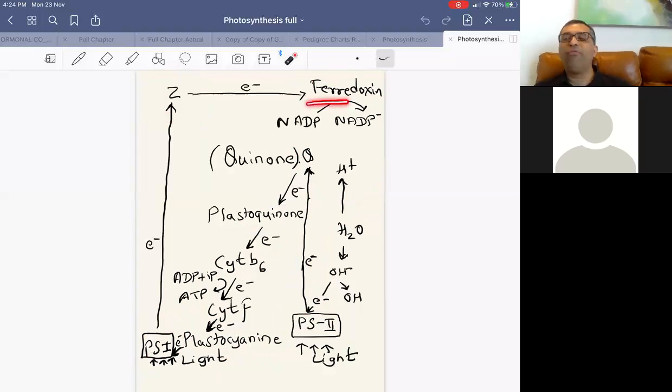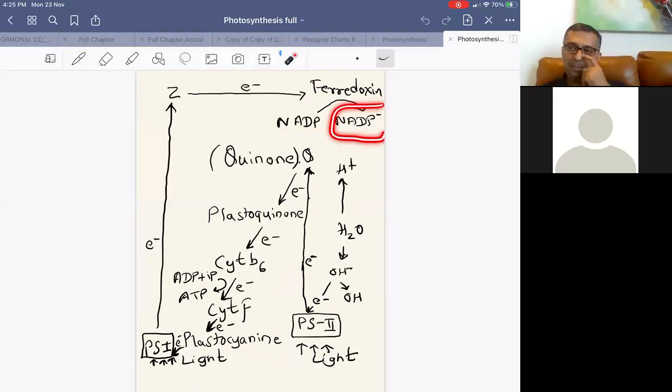Z से it went to ferredoxine, and from ferredoxine electron is accepted by NADP, nicotinamide adenine dinucleotide phosphate, which accepts the electron and retains the electron.